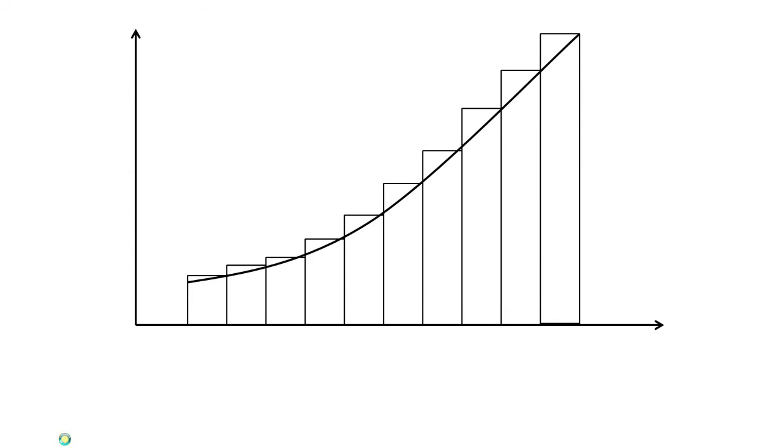Now this next curve is just to show you that you could use even more rectangles and get less error, and get a much better estimate of the area under the curve.